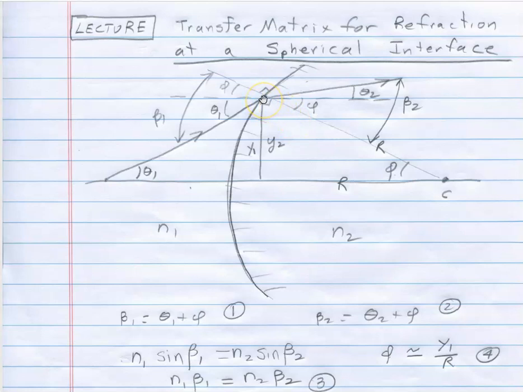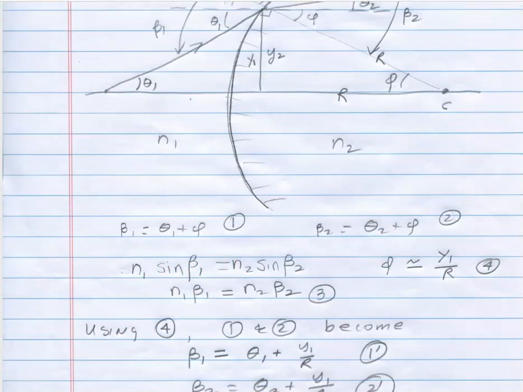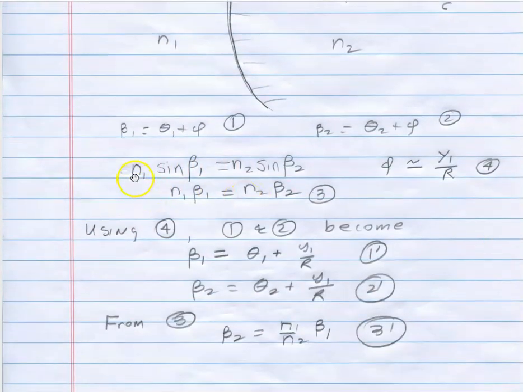We can apply Snell's law as usual between the incident ray and the refracted ray. Here I've done that. So N1 sine beta 1 is equal to N2 sine beta 2.